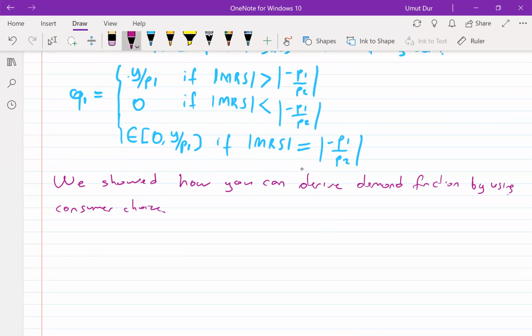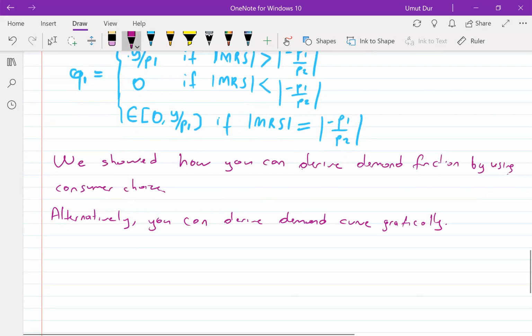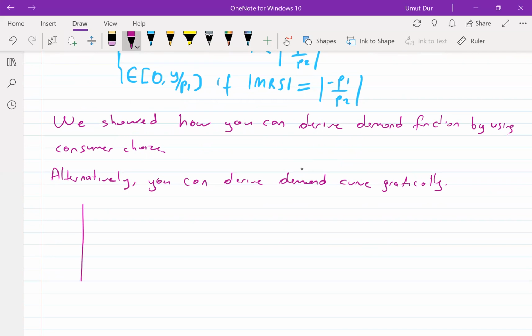Alternatively, you can derive the demand curve graphically, and what we will do is just the same thing. We will have our indifference curves here. Let's say that we have smooth indifference curves.